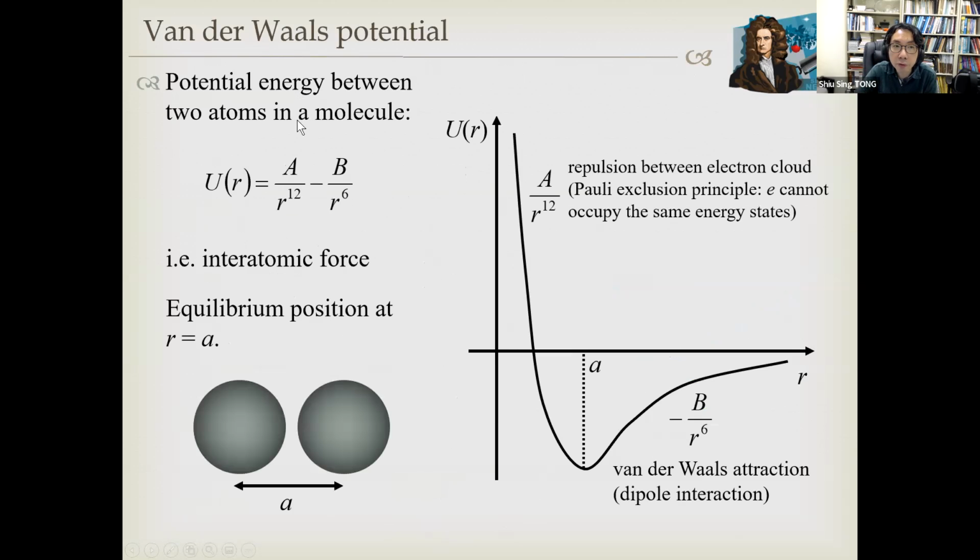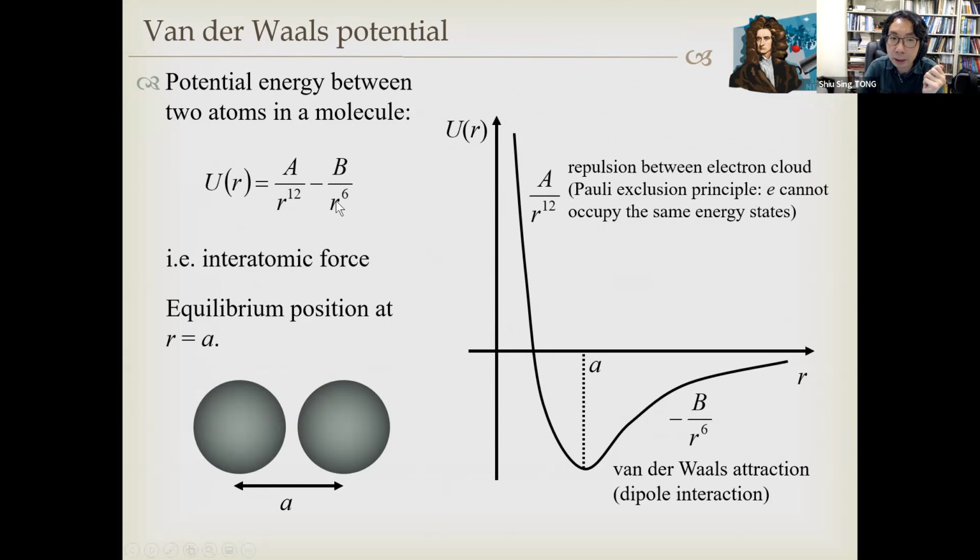I don't know if you have encountered this potential in your high school study. This is called the van der Waals potential. Van der Waals potential is the potential energy between two neighboring molecules or neighboring atoms. When two neighboring molecules are in a solid, they have a small attractive force, and the small attractive force is given by the second term of the van der Waals potential.